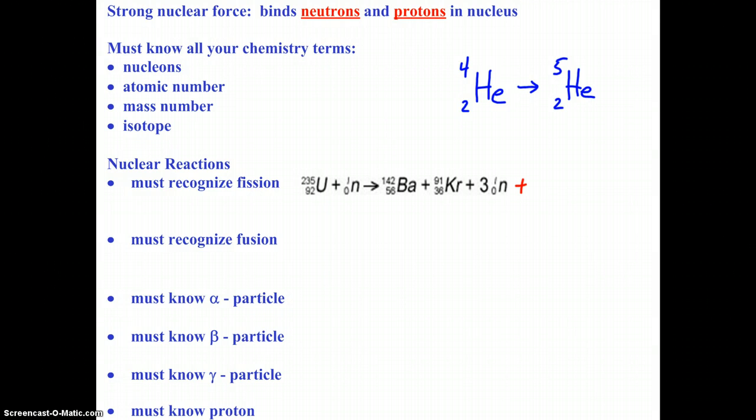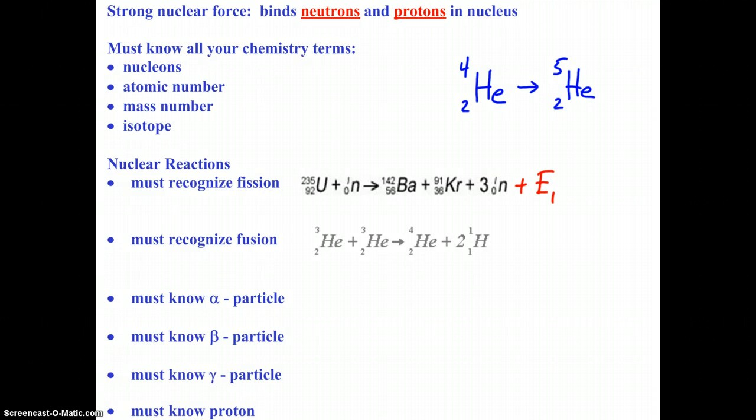In addition, you get a tremendous amount of energy given off in that process. And we'll talk more about that energy in comparison to the energy produced in fusion in a moment. But you recognize this as a fission reaction because you have something large, and fission means to split. So you have this large atomic nucleus that gets split into smaller atomic nuclei.